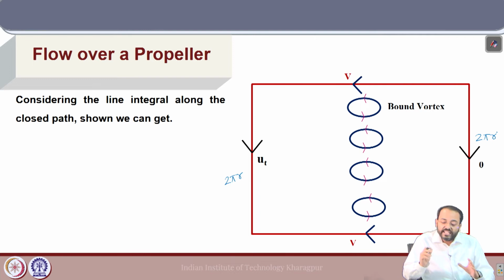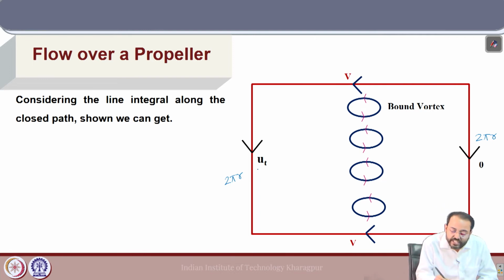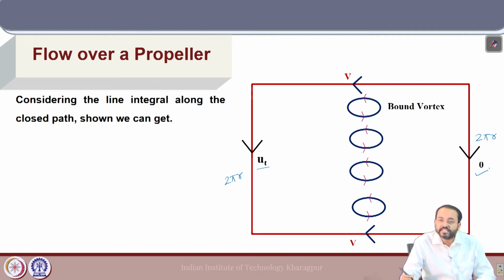What is the velocity? The tangential velocity ut will be along the tangent in this line, and far ahead the velocity was 0, and the velocities in the axial direction are v, which are the axial velocities. Now, if we take a line integral of the velocity around this contour, we will get the circulation.